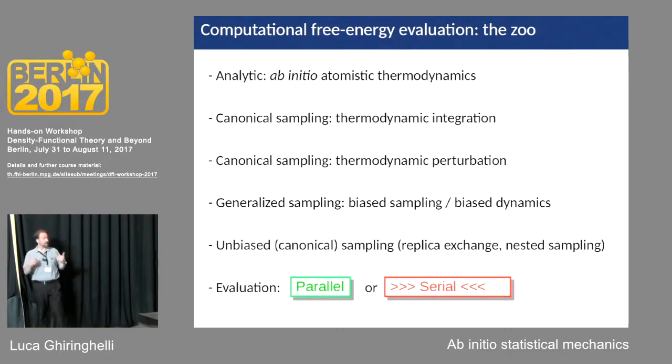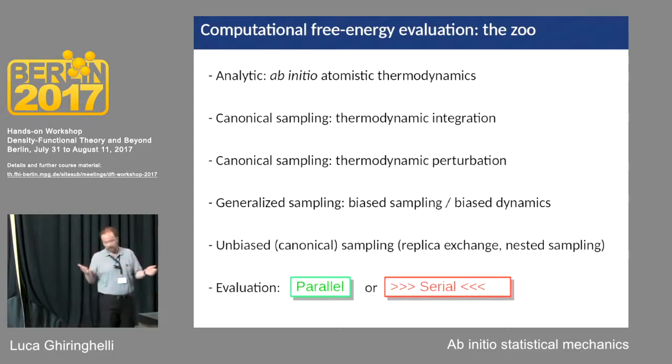If the method is parallel, there is a good chance you can use it for ab initio simulation, in the sense that you need a lot of CPUs, because most likely for each single evaluation you already need quite a few CPUs, but then you can parallelize over it. If you can access 1,000, 10,000 CPUs, you can get phase diagrams. The problem when it is serial is that you cannot really do it, right?